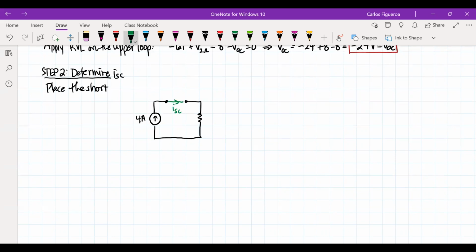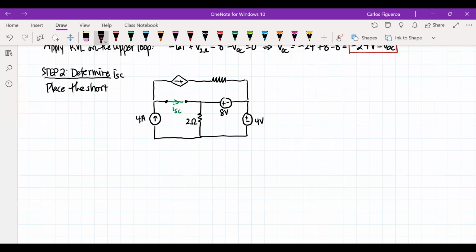Note that this is now a completely different circuit. And so let me put in my 2 sources. So here's my 8 volts, 4 volts, and then I have my dependent source, and then I have my resistor.